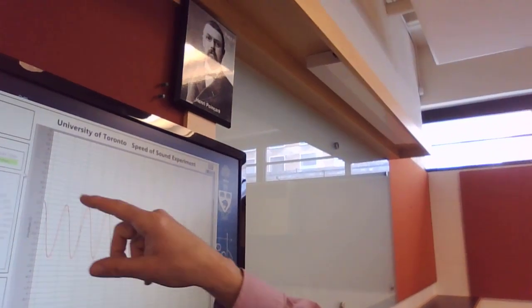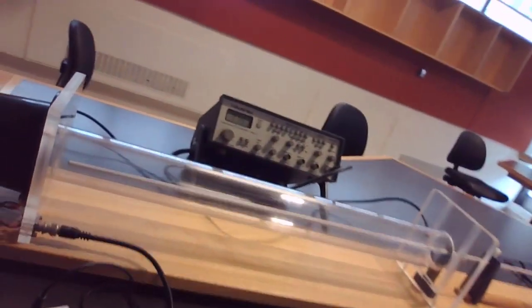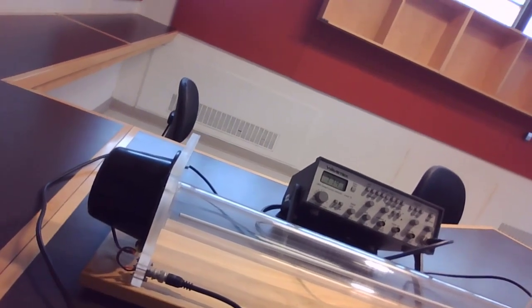And so what this is plotting on the computer is actually the voltage amplitude from the microphone versus time. And this voltage is proportional to the pressure, which is being picked up by the microphone, over here. So you can see actually the microphone is inside that tube, and it's pretty near to the speaker.